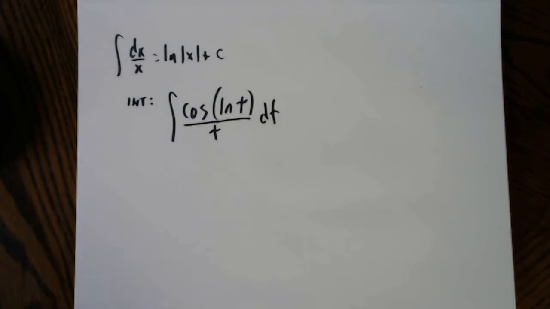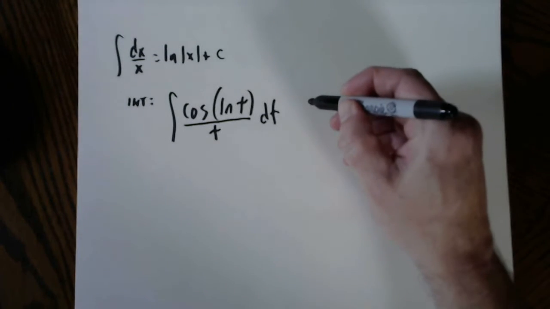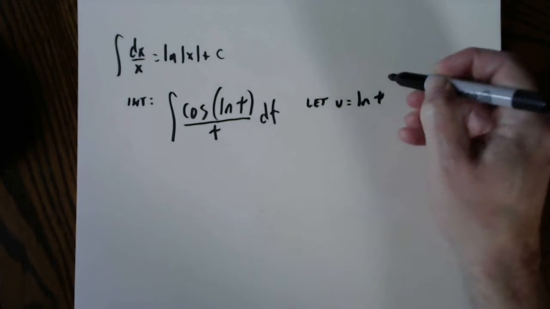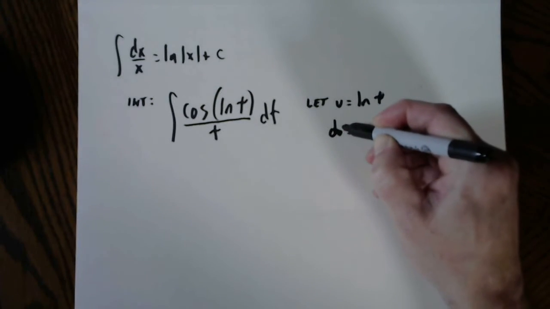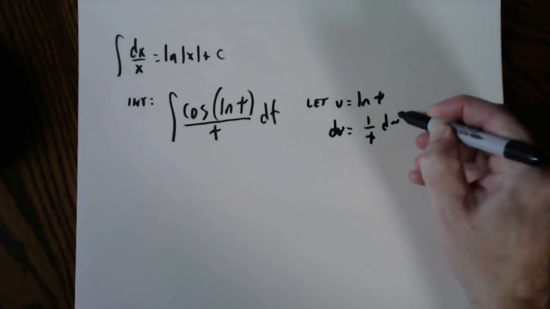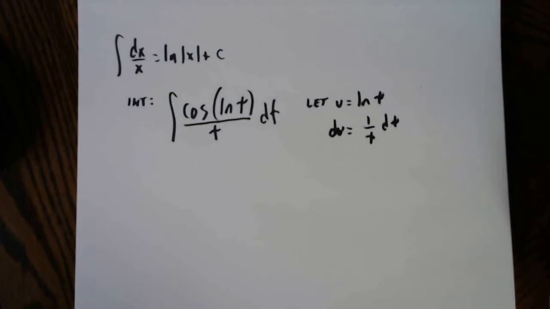Okay, again, think of the thought process. There's no simple formula to do this one, obviously. So we're thinking u substitution. That's our technique. So if I let u be ln of t, du is 1 over t dt, right?